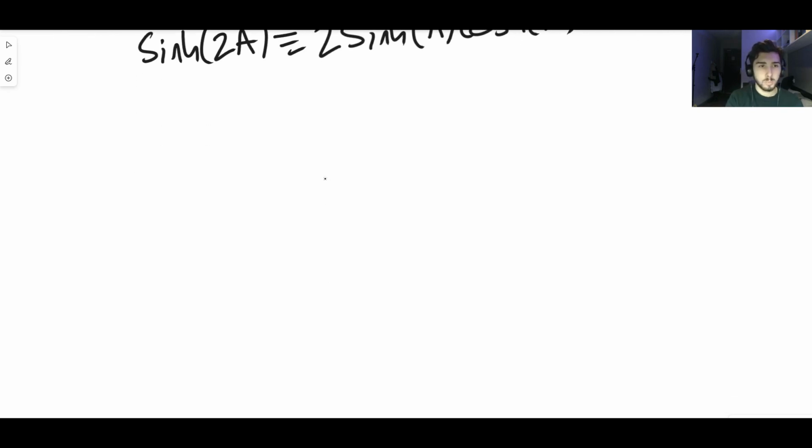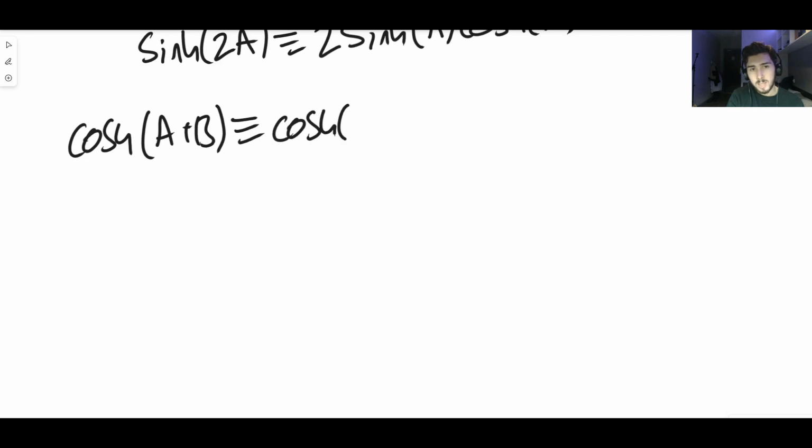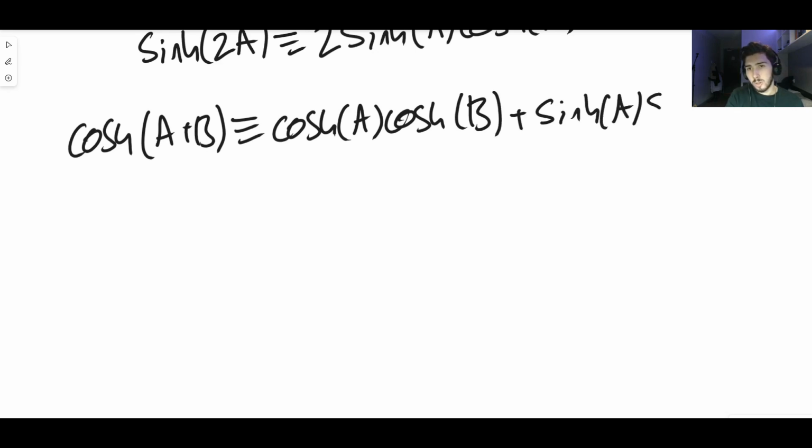Okay, last but not least, let's do the double angle formulae for cos, or cosh. So we know the cosh of a plus b is going to be equal to cosh a cosh b plus sinh a sinh b.